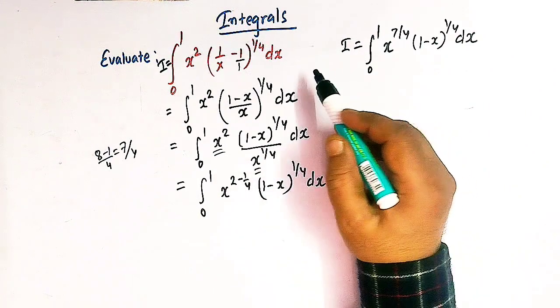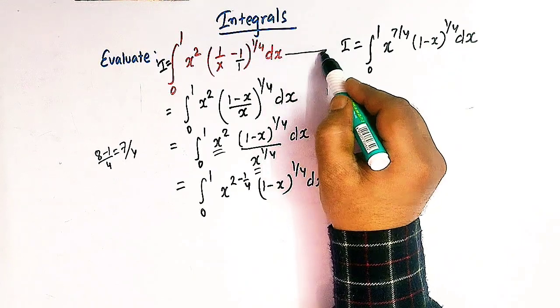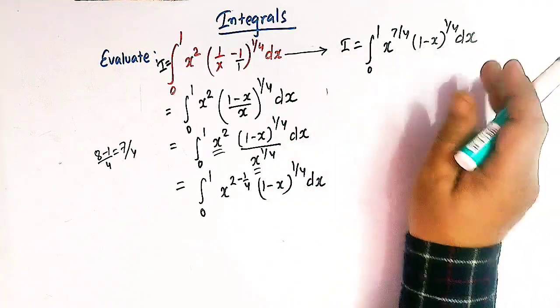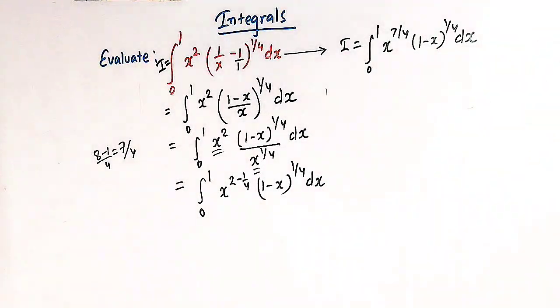So now what we have done so far, we have expressed this integral like this, and now we'll convert this integral into a beta function.